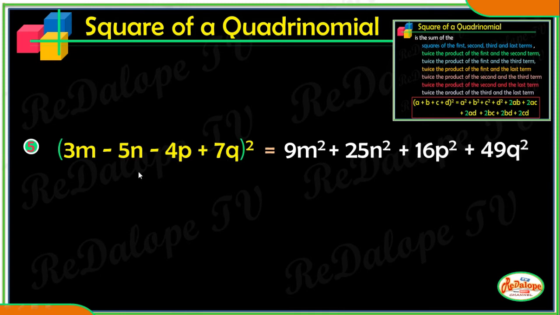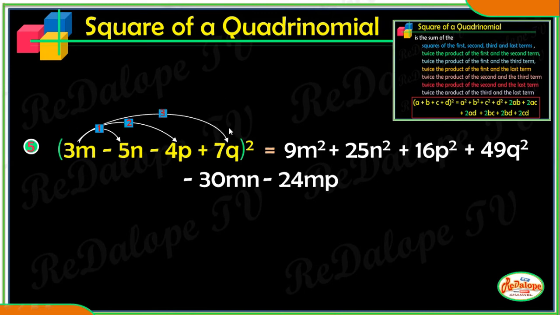Now for the fifth term, we have 3m times negative 5n times 2, so that is equal to negative 30mn. 3m times negative 4p, so that is negative 12mp times 2, so that is negative 24mp. 3m times 7q, so that is 21mq times 2, so that is positive 42mq.